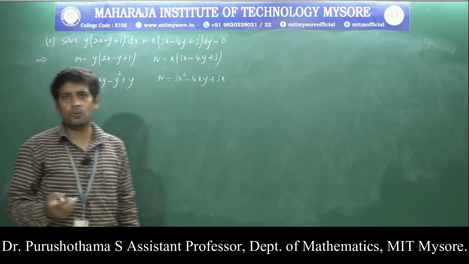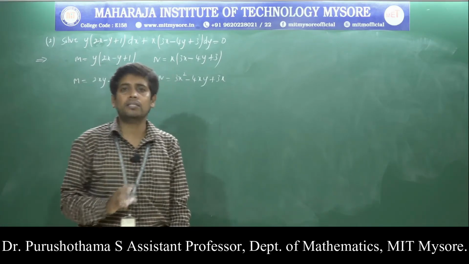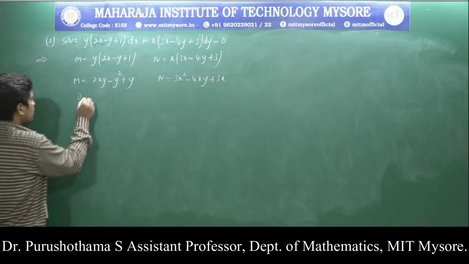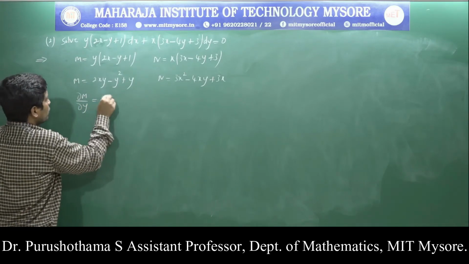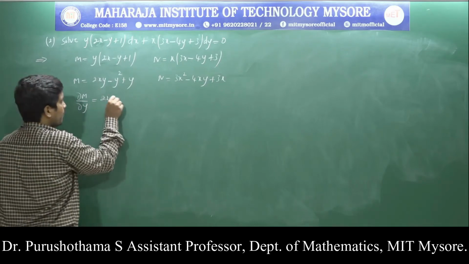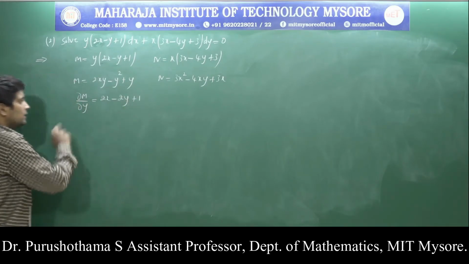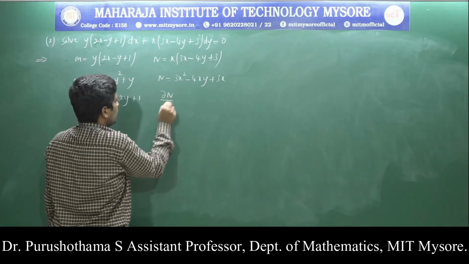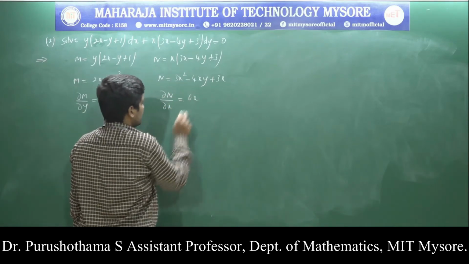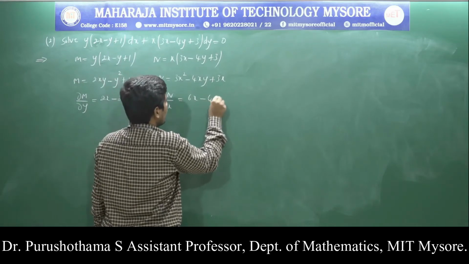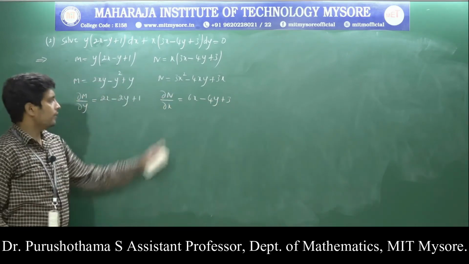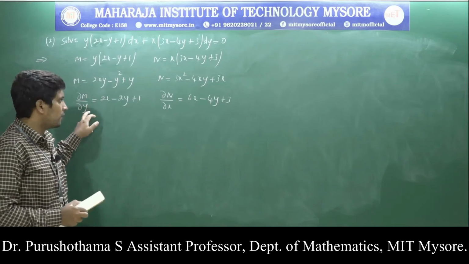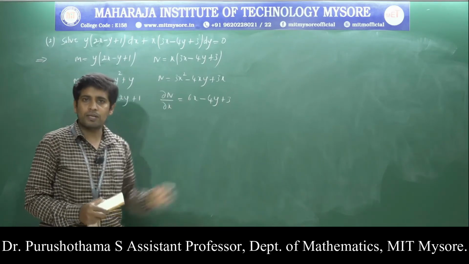Now find the derivatives of M and N with respect to y and x. The derivative of M with respect to y is 2x minus 2y plus 1, and the derivative of N with respect to x is 6x minus 4y plus 3. Here we clearly observe that the derivative of M with respect to y is not equal to the derivative of N with respect to x.